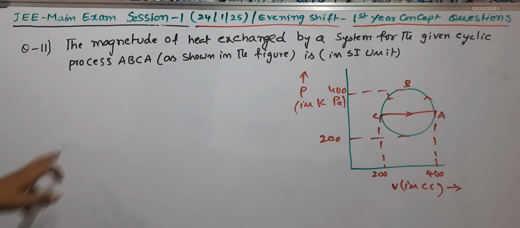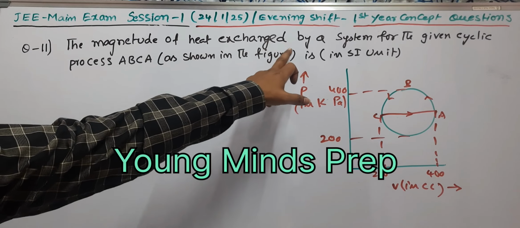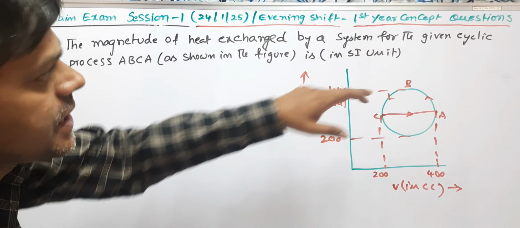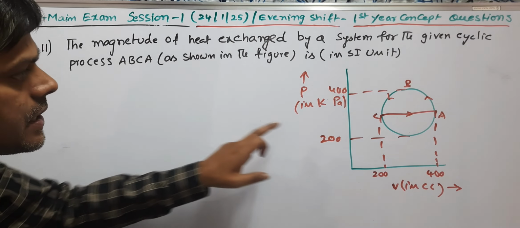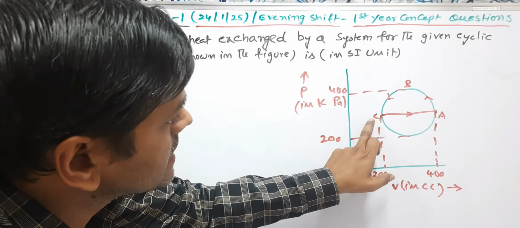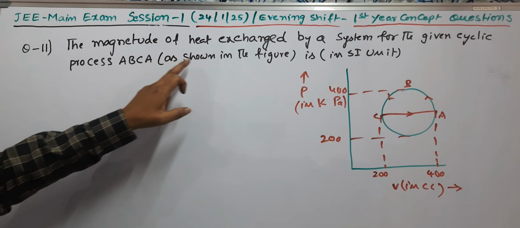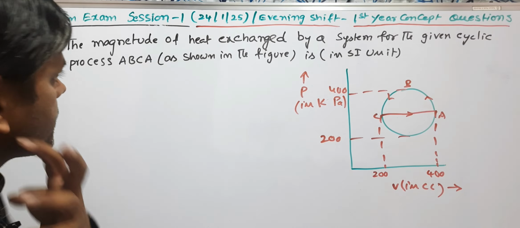The 11th question: the magnitude of heat exchanged by a system for the given cyclic process A, B, C, A, as shown in the figure, is how much?